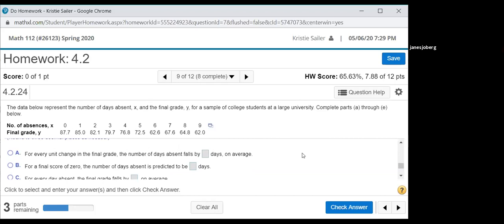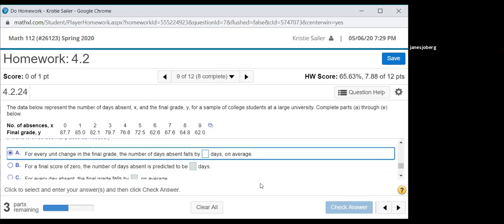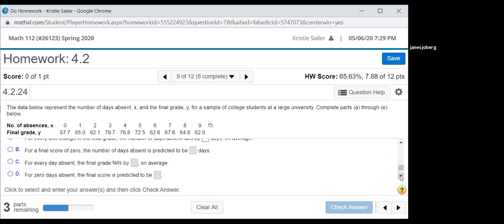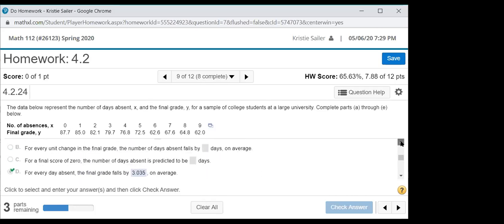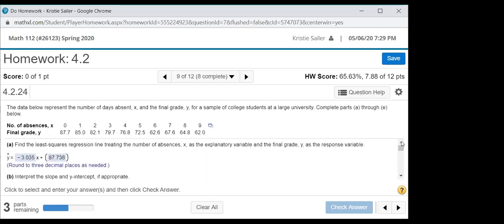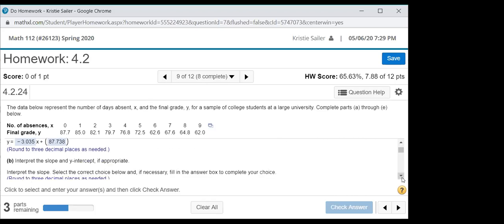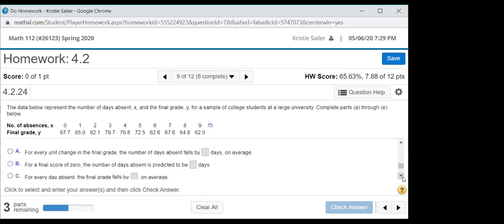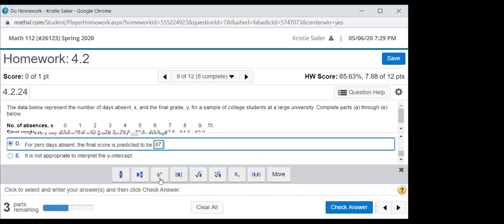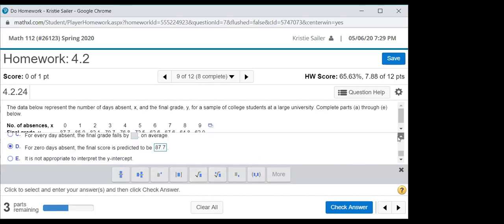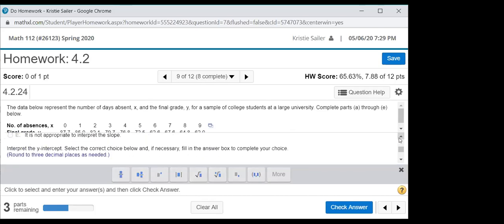No, this is the one for every unit change, right? For that one, I put for 0 days absent, the final score is predicted to be 88.233. Oh, okay. Because whatever your zero, for yours, Christy, this is 87.7. Mm-hmm. 87.7 for yours. And it was to round to 3 though.